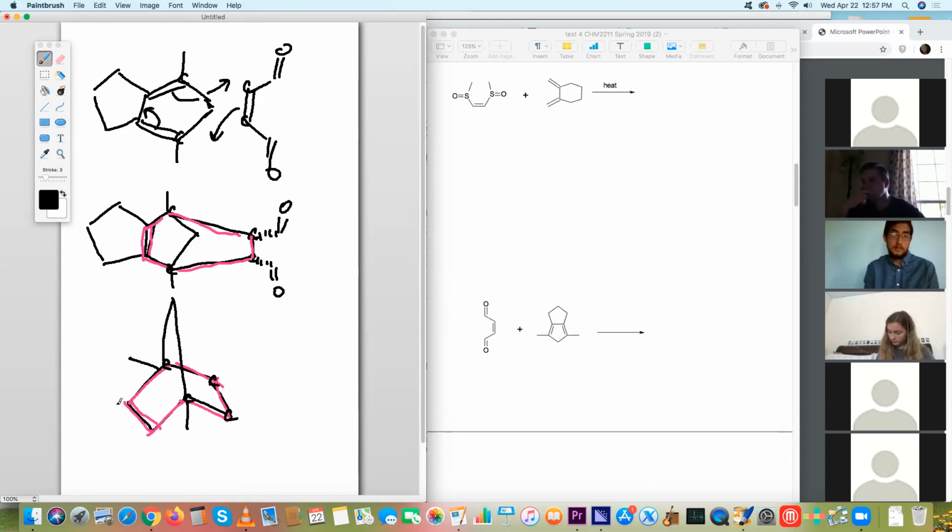Then over here, we're going to have that 5-membered ring, but it's going to be flat. It's in the same plane because that's a double bond there, and that's sp2 hybridization. And then this is going to be single bonds, so I'll push these downwards here. Try and draw it pretty. And that's what that would look like.